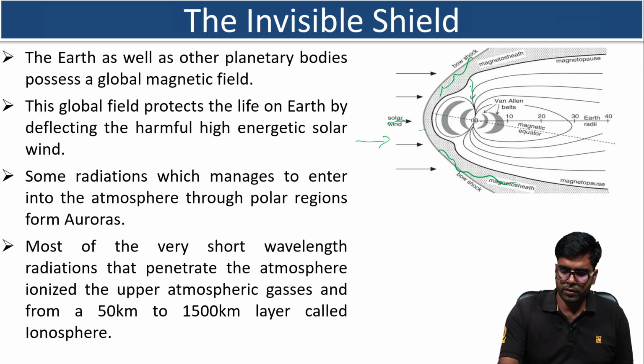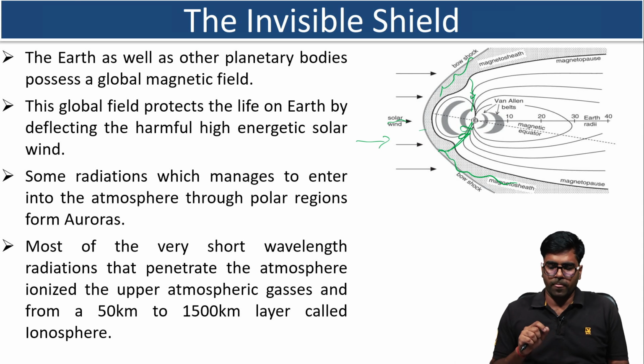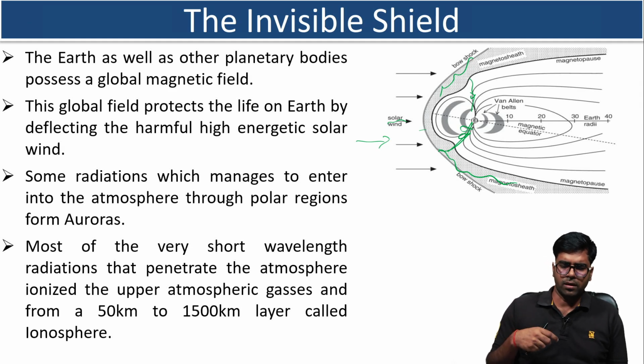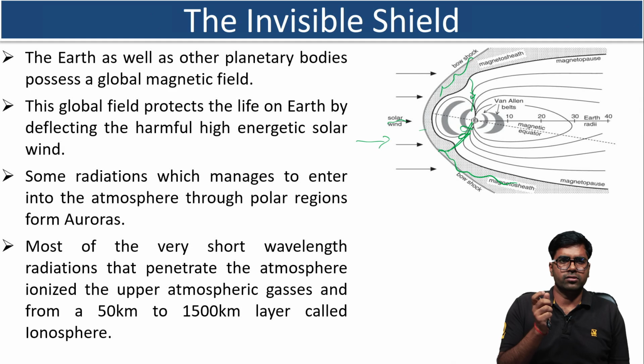enter the atmosphere from the poles, the northern pole and the southern pole. This entered solar radiation causes the auroras. You must have heard about the aurora borealis and aurora australis. The aurora is light emitted from gas particles, nitrogen and oxygen.